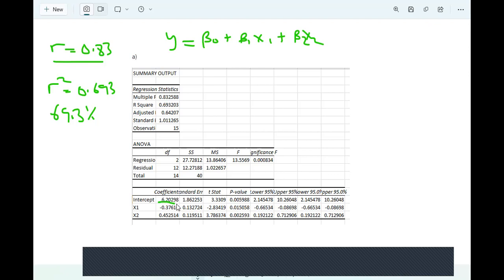The y-intercept. What is our constant here? Negative 6.202. Okay. Plus the coefficient for x1 is negative 0.376. So negative 0.376 x1.